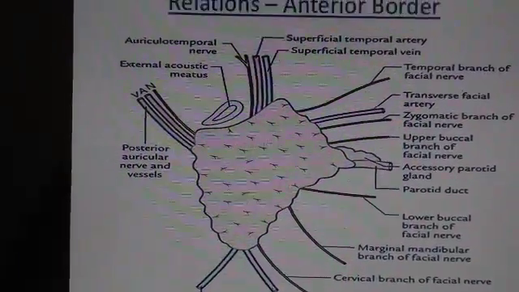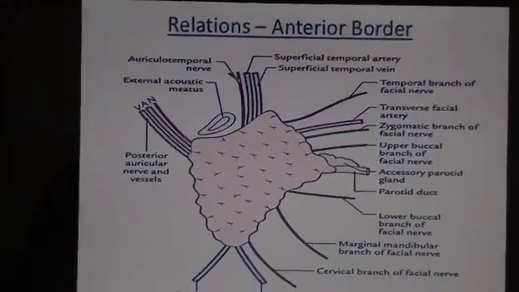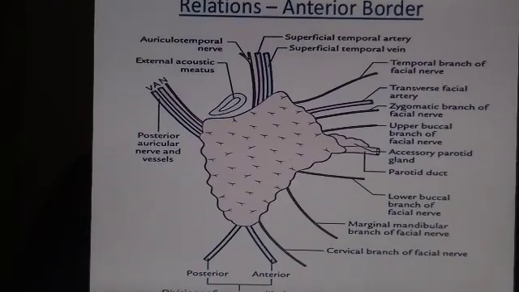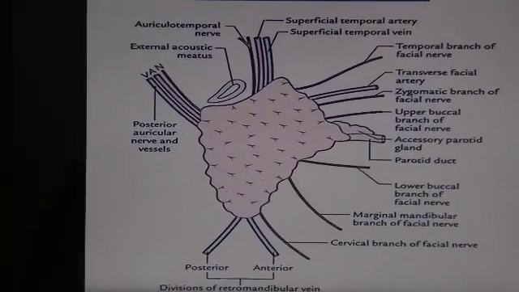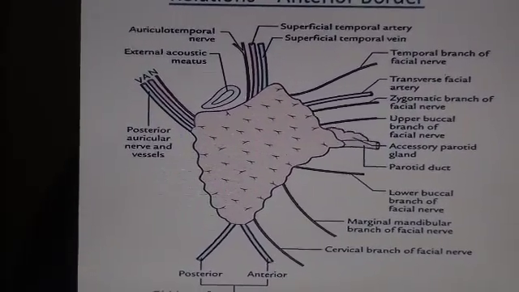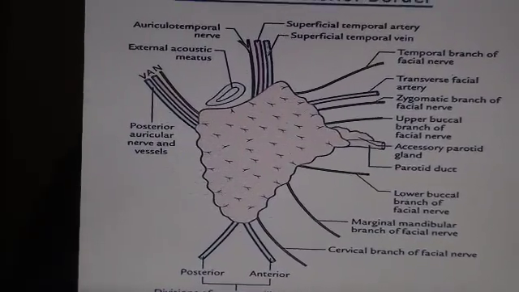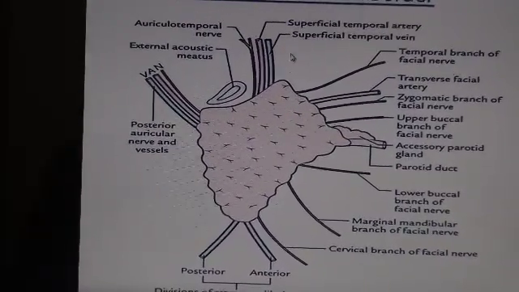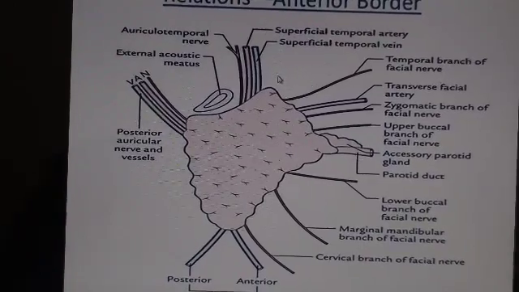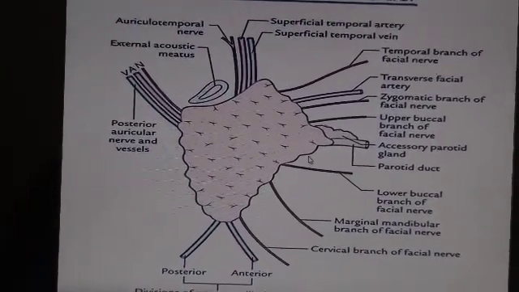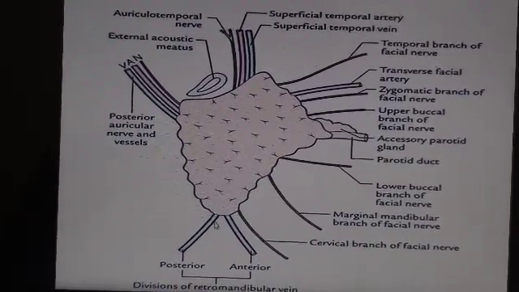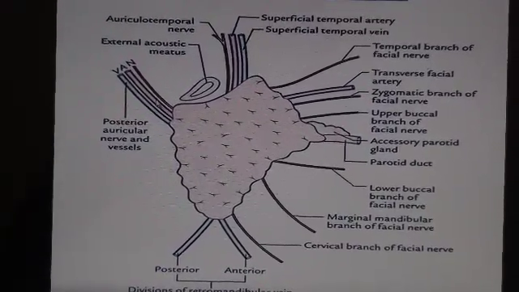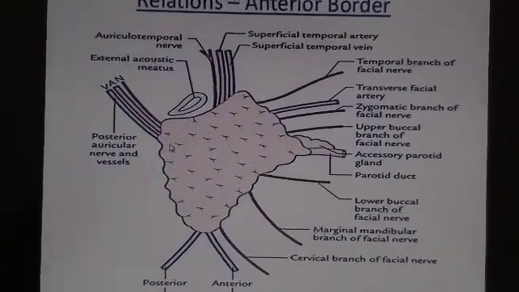Now, branches of the facial nerve. The facial nerve branches are actually related to the anterior border of the gland mainly. And if we look into the gland, then we will find that through the base some structures are passing, through the anterior border some structures are passing, through the apex some structures, and through the posterior border there are some structures. So what are those?